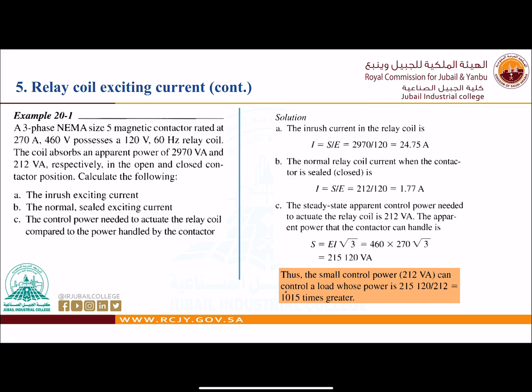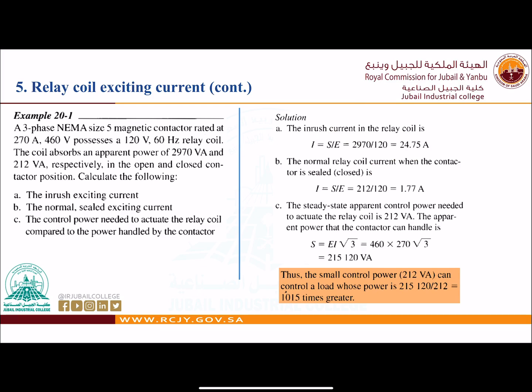As you can see here for this example, a three phase NEMA size 5 magnetic contactor. NEMA is just a name. We are considering a magnetic contactor rated at 270 ampere, 460 volt, which possesses a 120 volt 60 hertz relay coil.